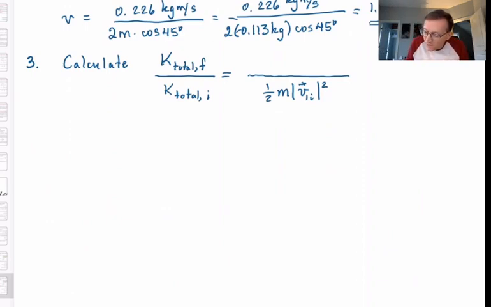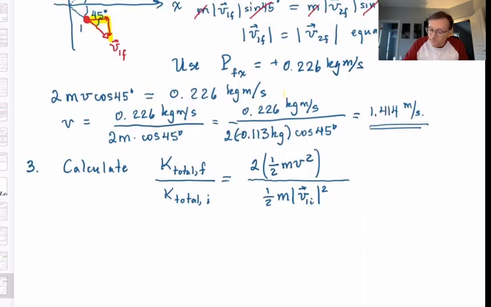So all I have to do to get the total kinetic energy afterwards is take the kinetic energy of one of them, 1/2 mv squared, and multiply by 2, because they both have the same kinetic energy. Where that V I wrote in the numerator is the answer I just found in question 3, right there.